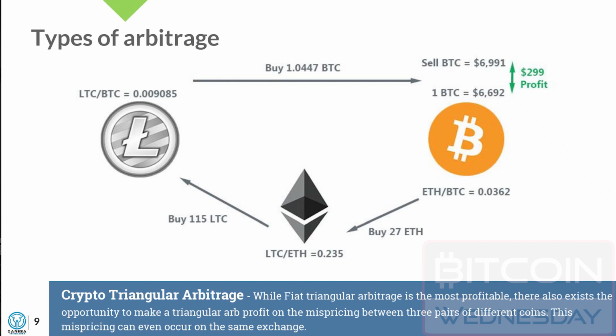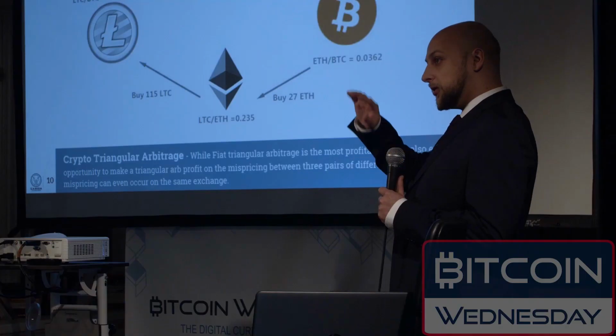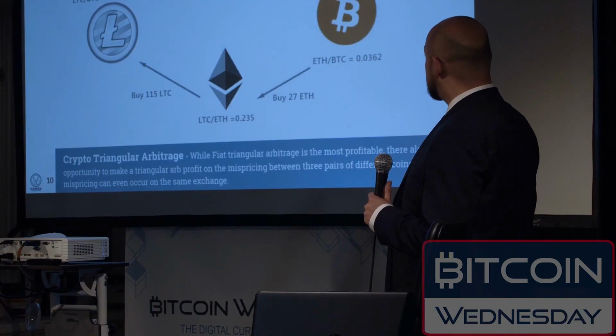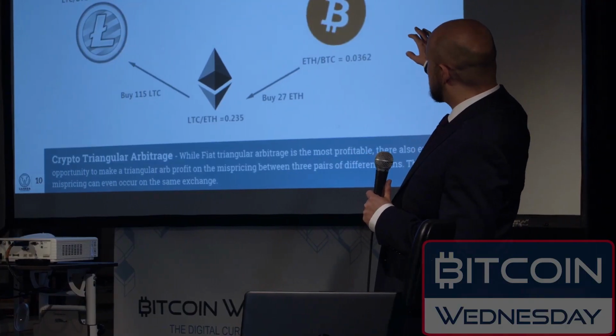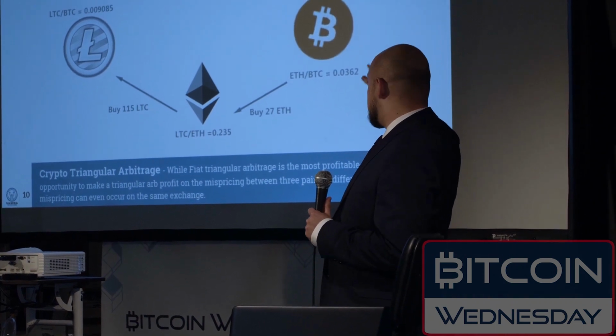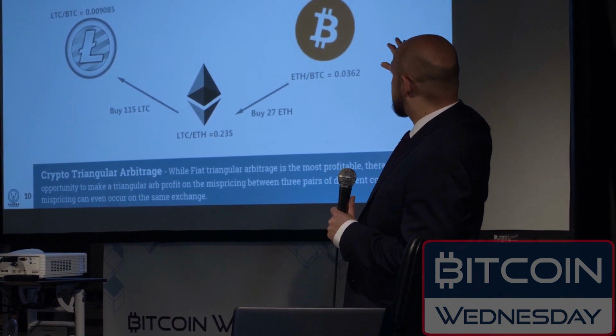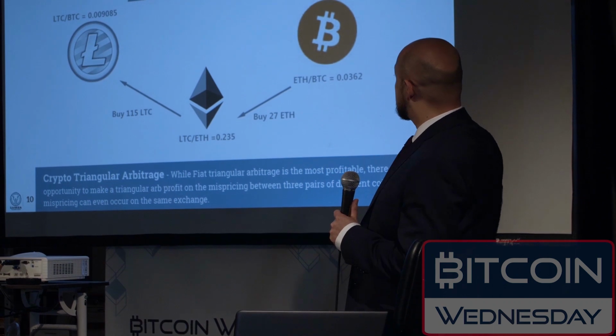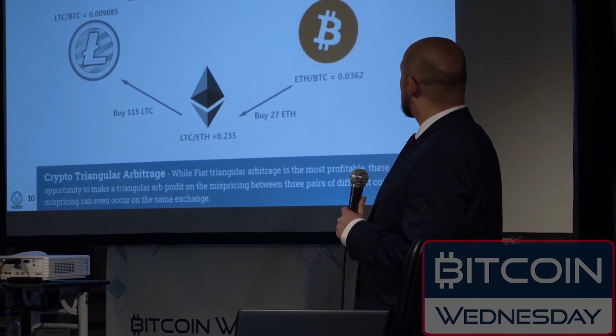So let's say if we can see the price differences, we can find them on all these exchanges and between all cryptocurrencies. For example, we have 1 Bitcoin, and it's worth at this moment $6,692.